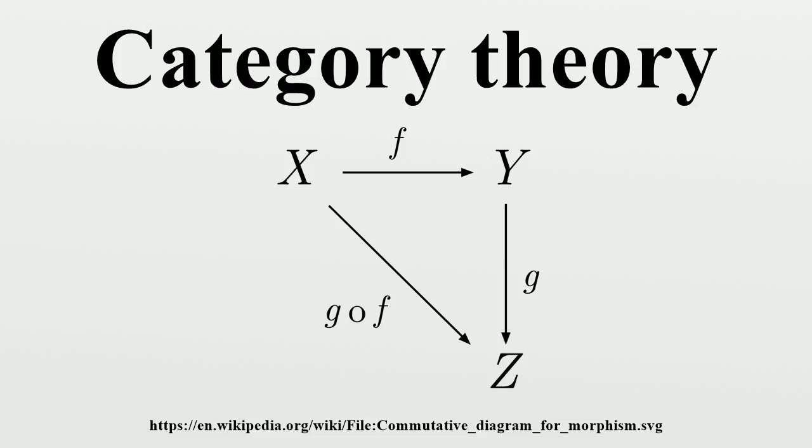A contravariant functor F: C → D is like a covariant functor, except that it turns morphisms around. More specifically, every morphism f: x → y in C must be assigned to a morphism F(f): F(y) → F(x) in D. In other words, a contravariant functor acts as a covariant functor from the opposite category C^op to D. Natural transformations.